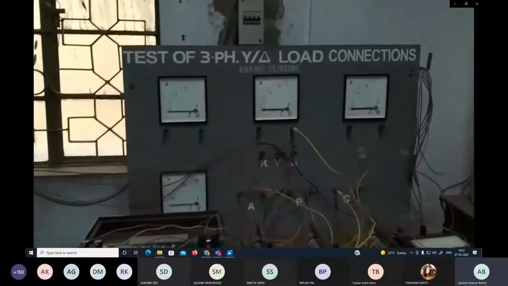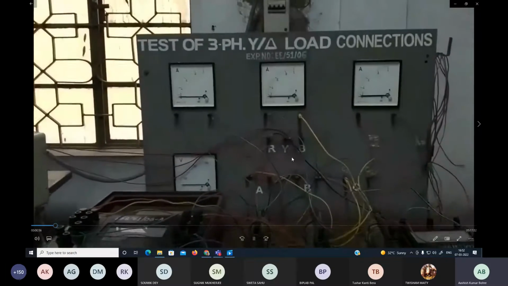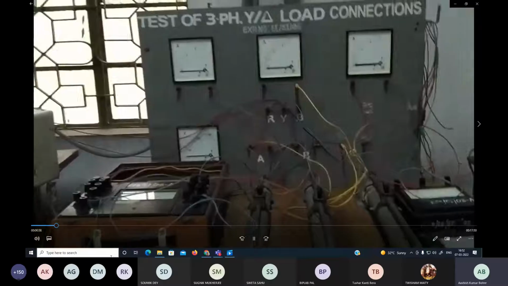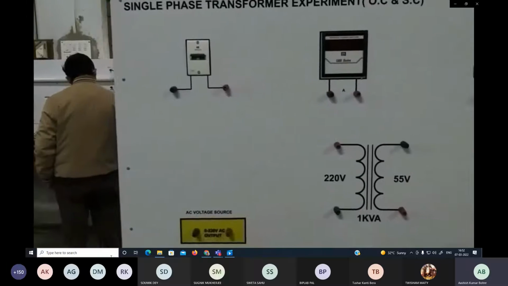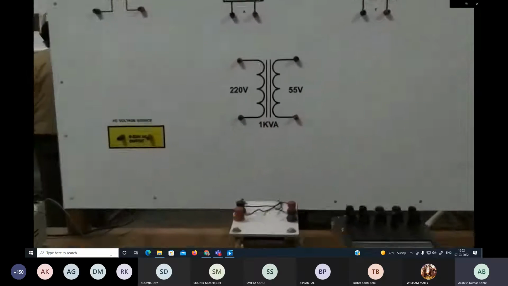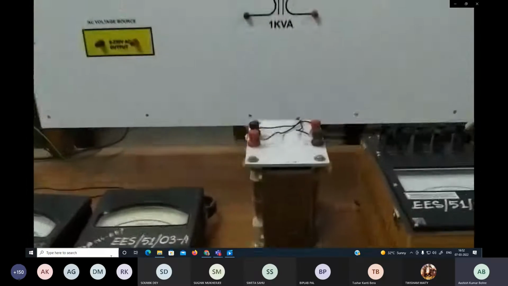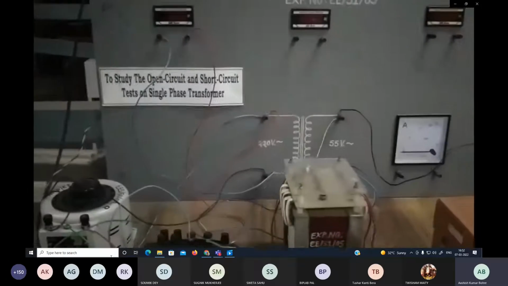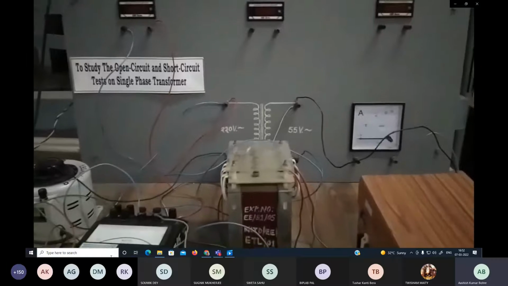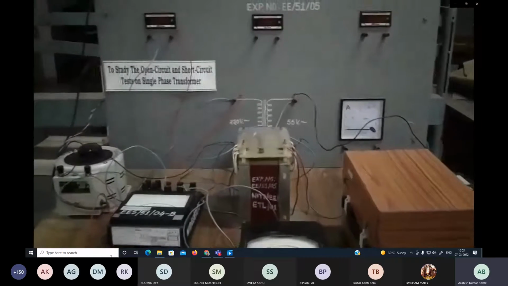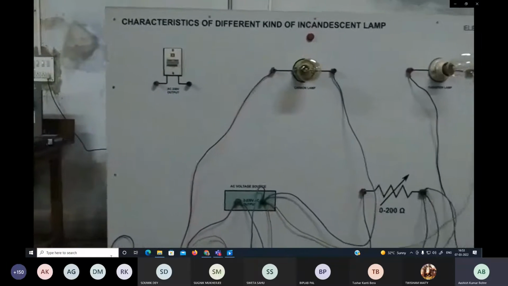This experimental table is for 3-phase star delta connected load. This one is for the single phase transformer experiment, open circuit and short circuit test. This table is here, and another table for the same open circuit and short circuit test verification. Here is the calculation for different kinds of incandescent lamp.